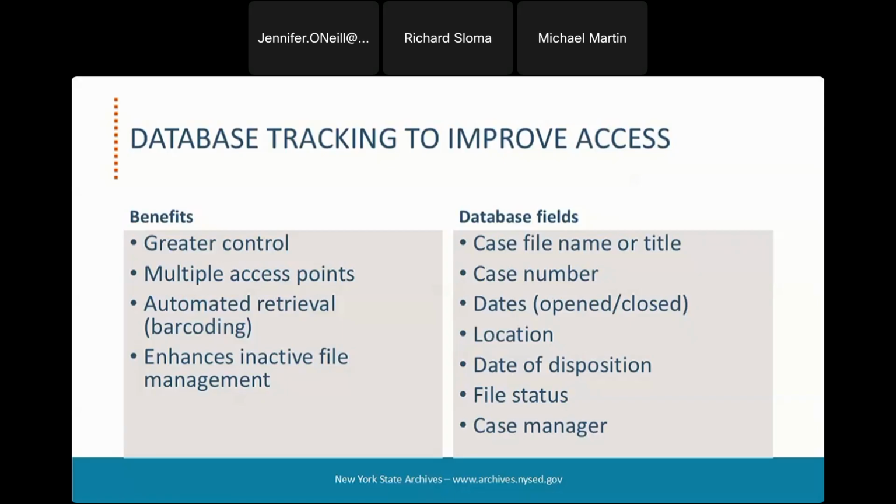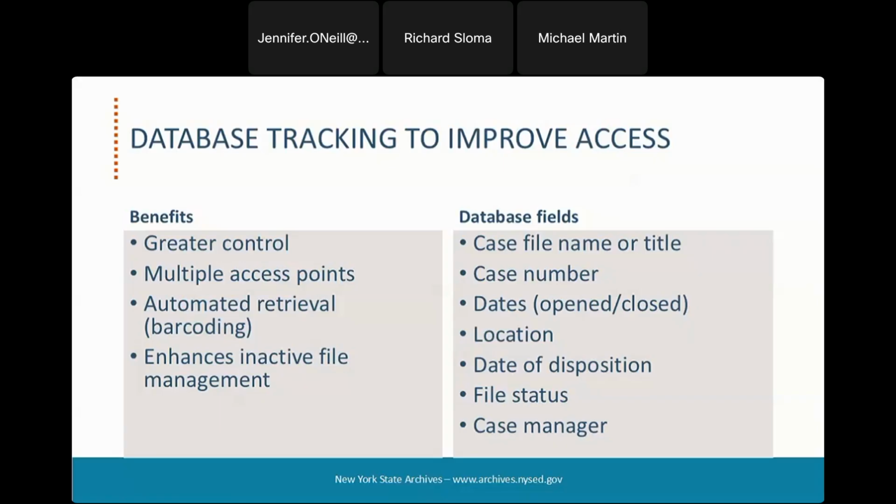Here we have some examples of fields to use for tracking that include the case number, the case title, a person's name, a project title, the number, which is assigned by a central office. And then we have the dates that are opened and closed. You're using that for tracking age and retention of cases. Location: with active files, inactive storage, what's the location?